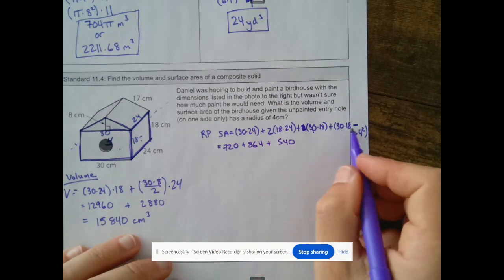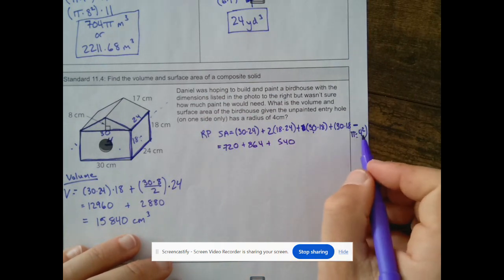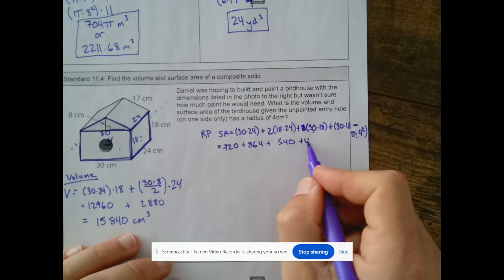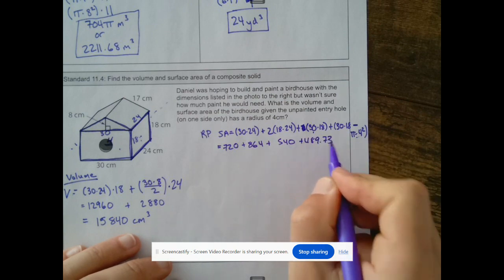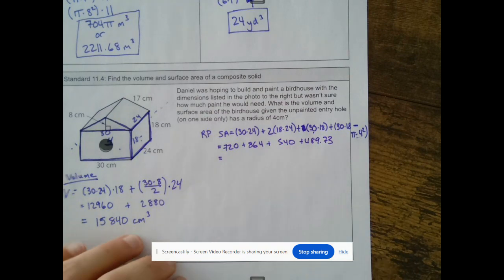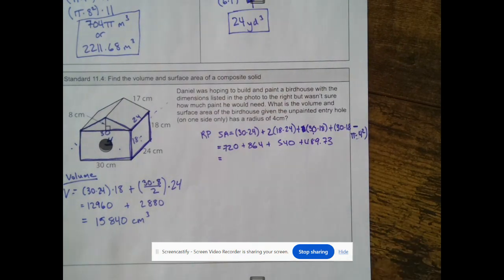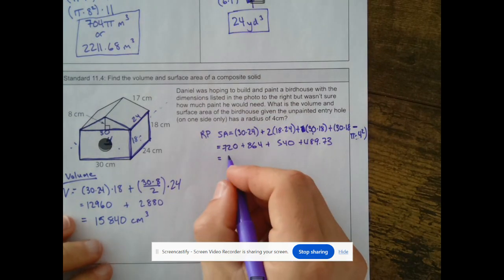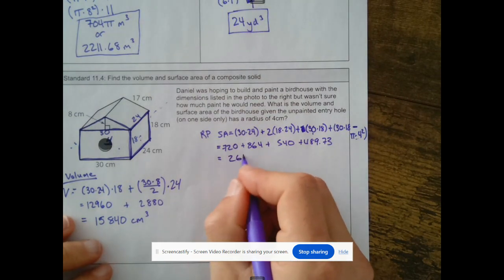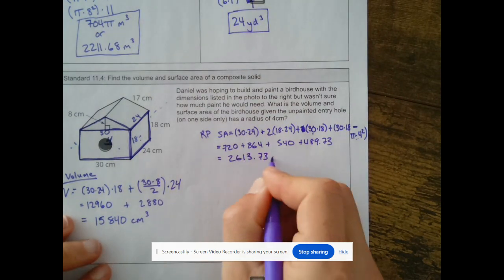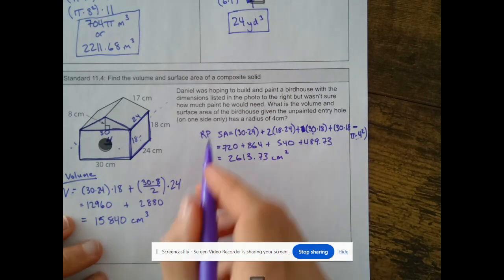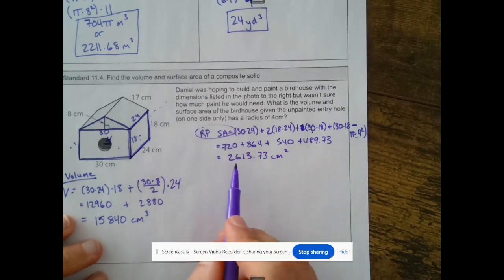And 30 times 18 minus 16 pi is 489.73. Add those all together. 720 plus 864 plus 540 plus 489.73. And we're going to get 2,613.73 square centimeters. This is the rectangular prism surface area.